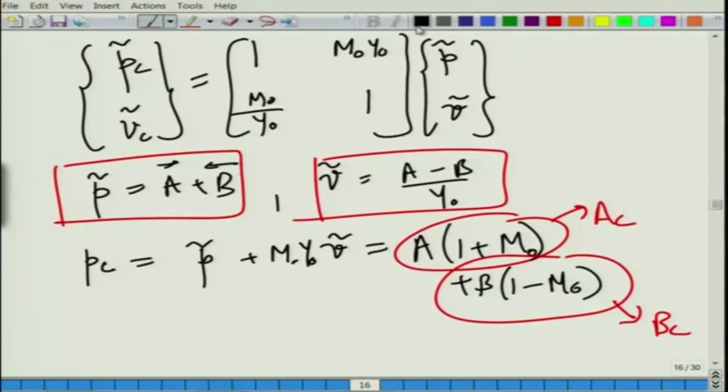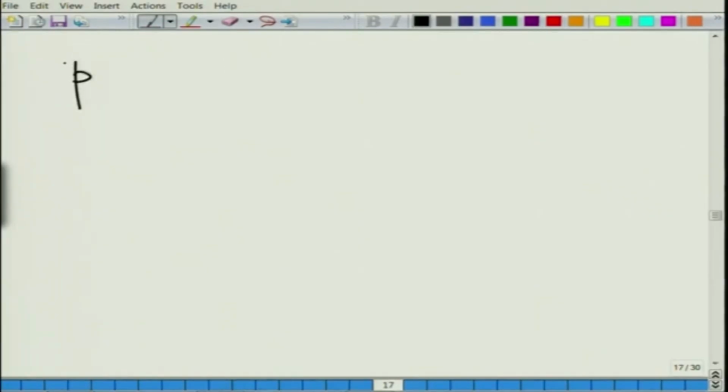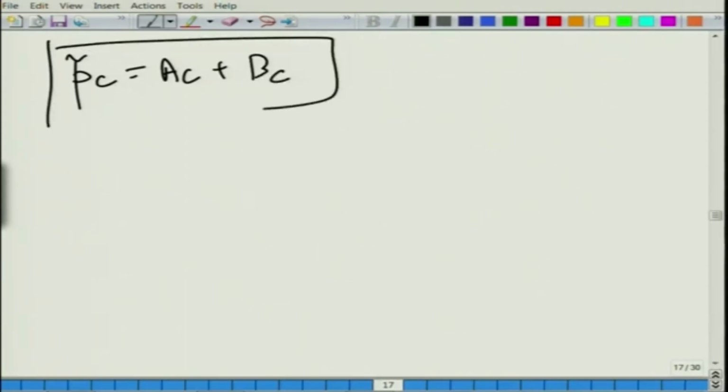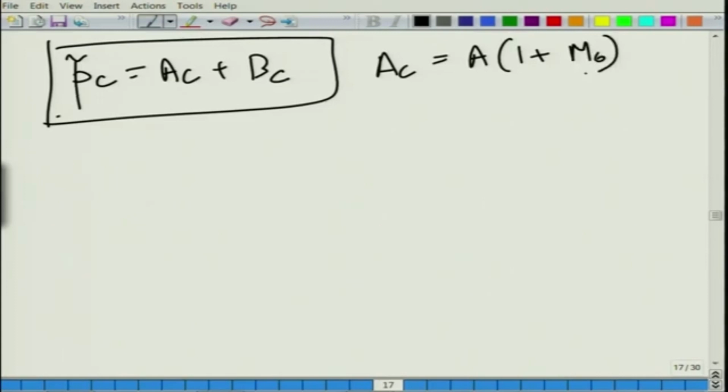Now, P tilde C is nothing but AC plus BC. In a similar manner, where AC is, let me write it down again, it is nothing but progressive wave variable, but it is now strengthened by the mean flow, and this is nothing but B, but this is strengthened by this thing.